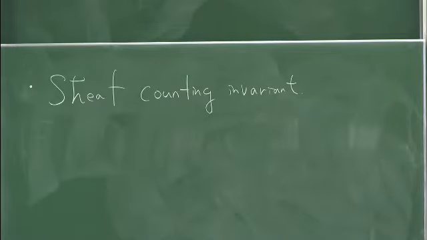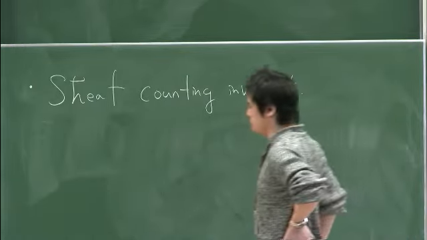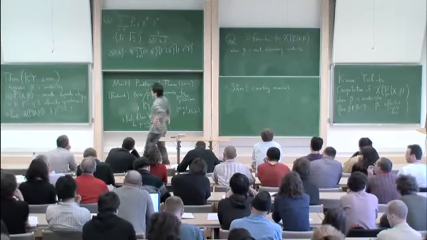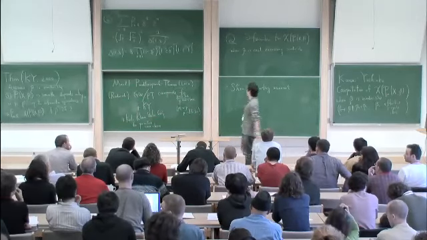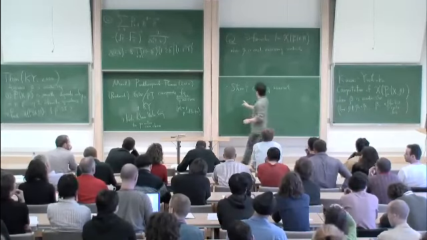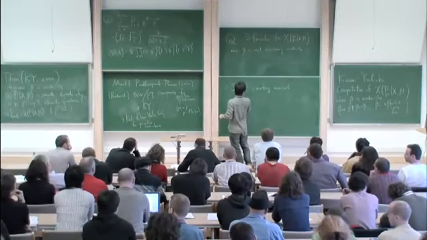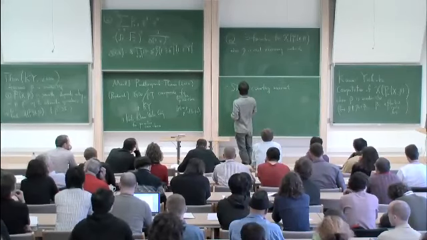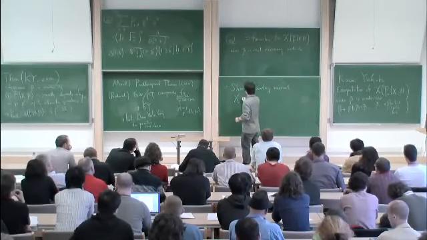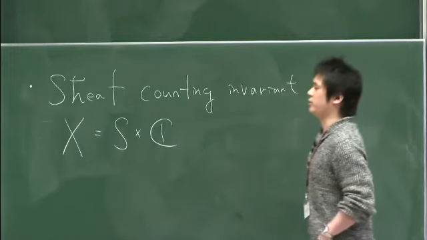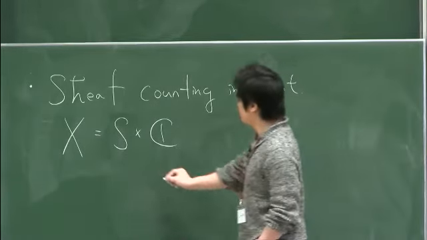That is the classical Gieseker semistable sheaves on this non-compact Calabi-Yau threefold. So let me introduce some notation. By definition, X is a product of S and an affine line, and I have two projections.